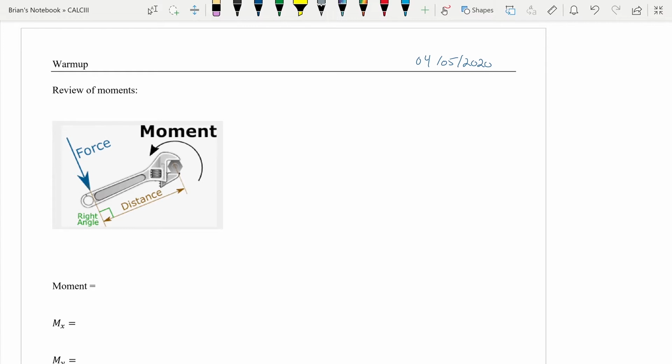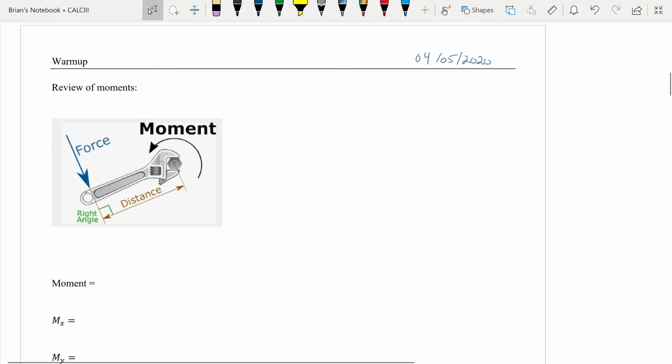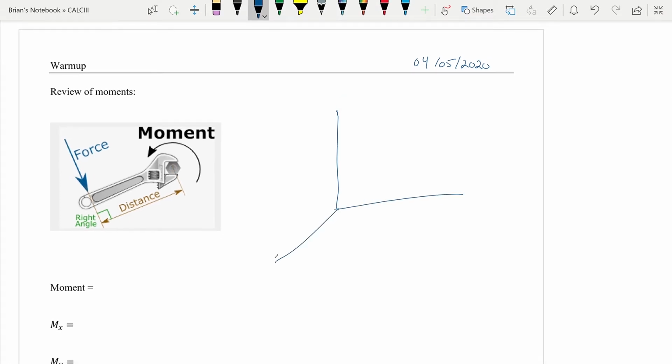Moment: you apply a force from a certain distance about an axis, and then you describe it as a moment about that axis. So we could say in 3D, if our wrench is right here, terrible wrench, but I'm doing my best.